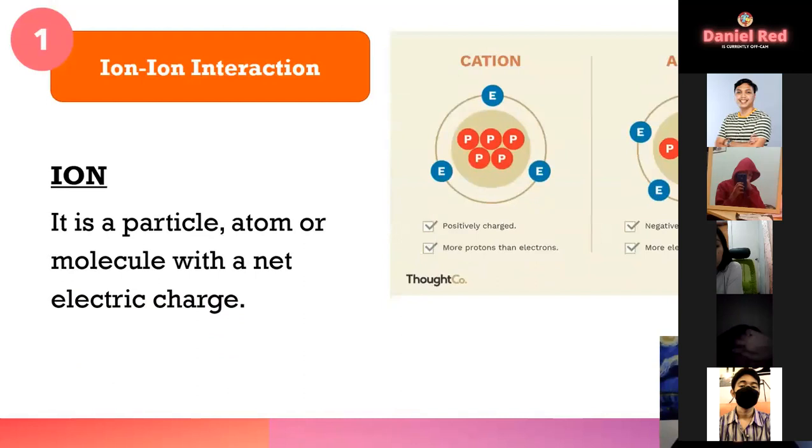If we observe this particular illustration, you have two types of ions. You have the cation and the anion. Cation is the positively charged, while the anion is the negatively charged. Remember also that cation has more protons than electrons, while anion has more electrons than protons.